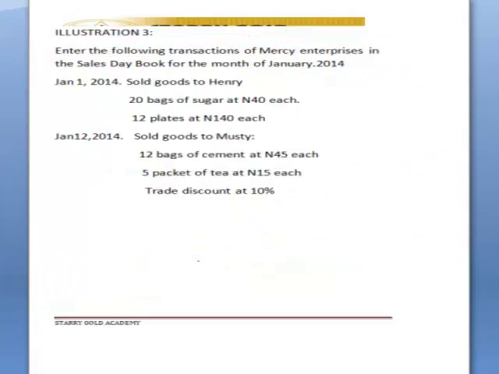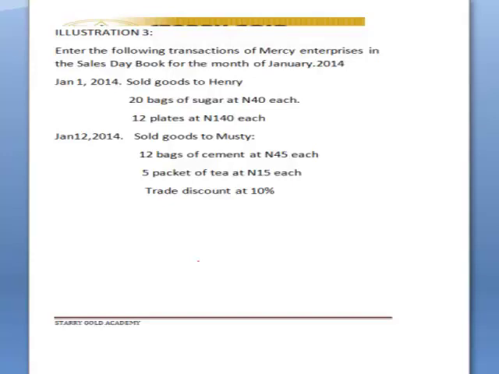So there is a question we have, and let's quickly use that question as a case study for the sales day book. Enter the following transactions of Mercy Enterprise in the sales day book for the month of January 2014. January 1st, 2014, sold goods to Henry, 20 bags of sugar at 40 naira each, 12 plates at 140 each.